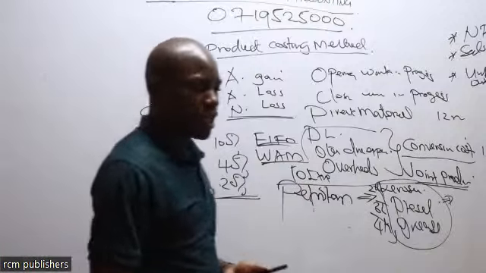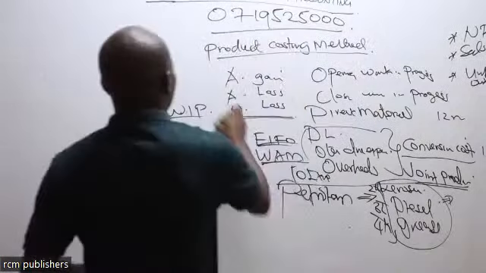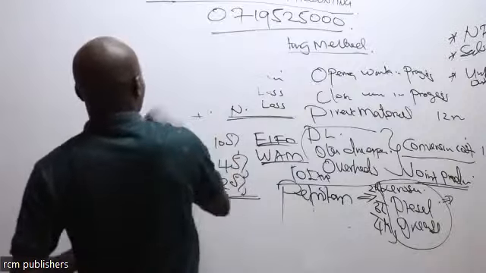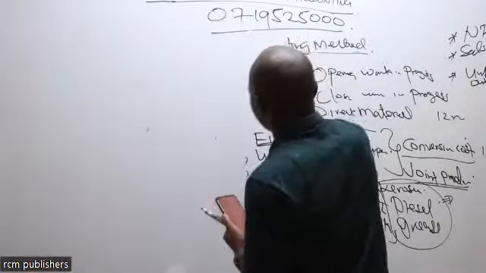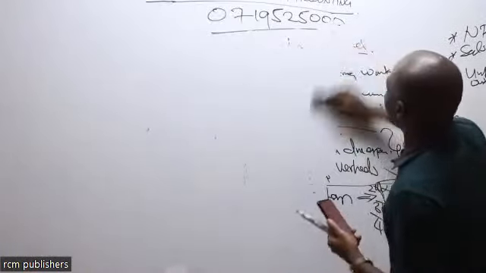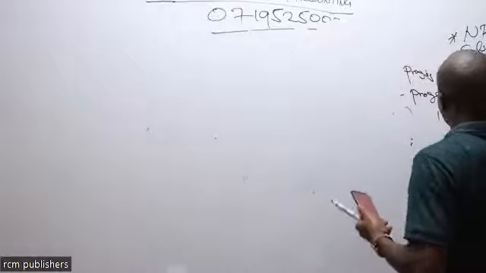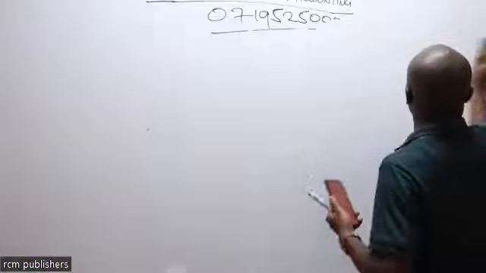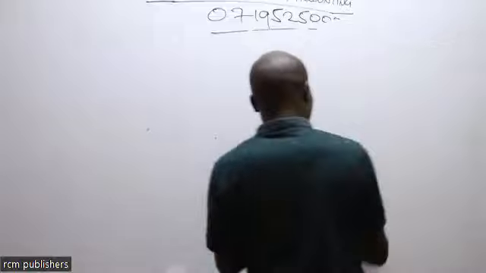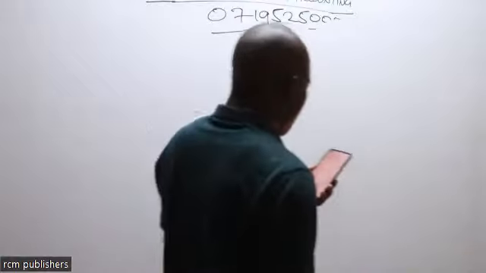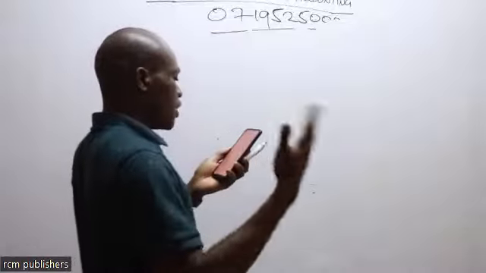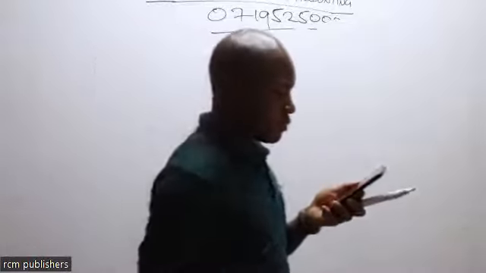When we come to topic number 7, that is marginal and absorption costing. The only difference between those two, as you can look at the course outline, we only need to know the difference between marginal costing and absorption costing.